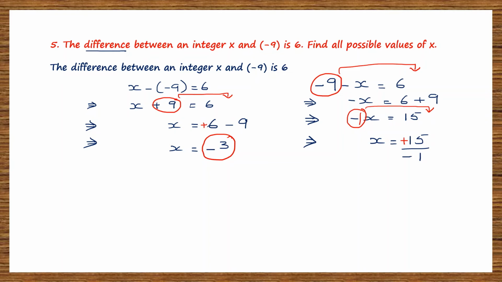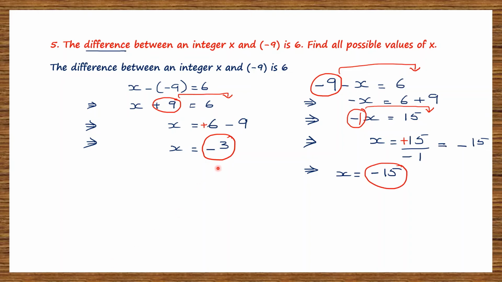Now this is division. So when it is division and the signs are different, your answer will be negative. Then 15 divided by 1 is 15. So we have found the value of x here to be minus 15. So the second part, the value of x is minus 15.